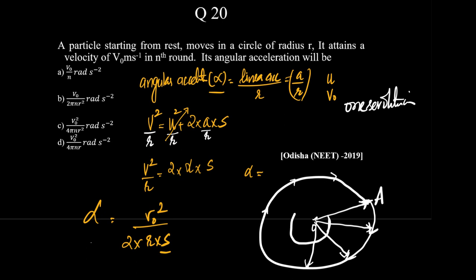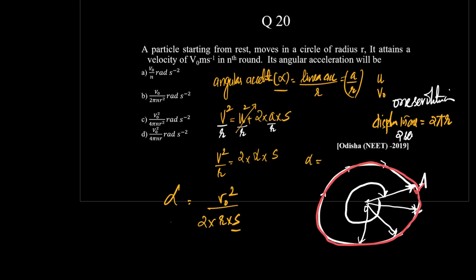Eventually, the vector has moved this much, right? So displacement in one revolution is actually 2 pi r, because it has moved this complete distance, and this distance is actually the circumference of the circle.